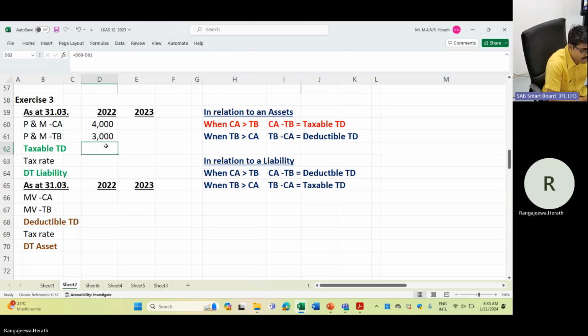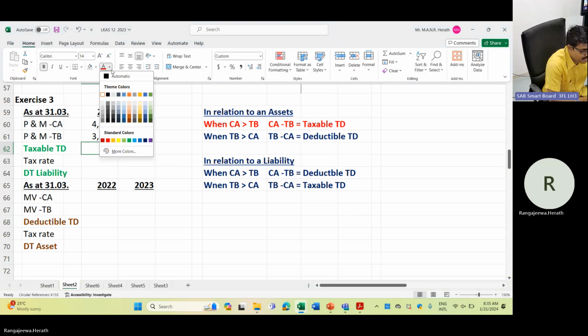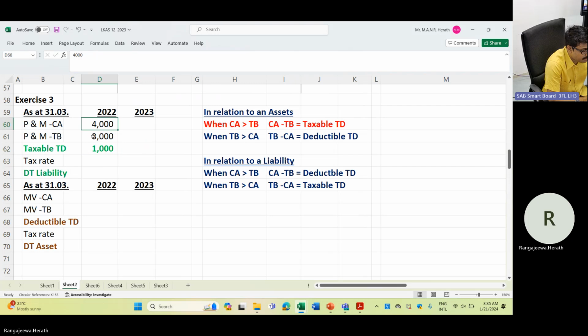So there's 1,000 difference. Now that difference is taxable. I mean, this format that is mentioned, but you should know that part. That is why you have to decide. Right? When you compare the asset carrying amount and tax base, if the carrying amount greater than the tax base, the resulting difference is taxable temporary difference.